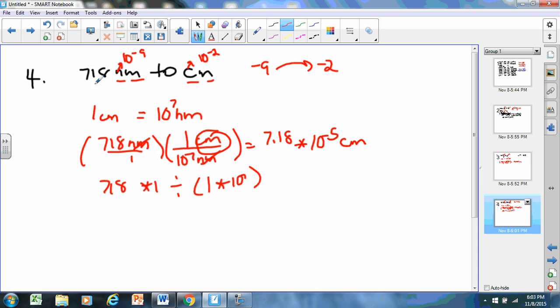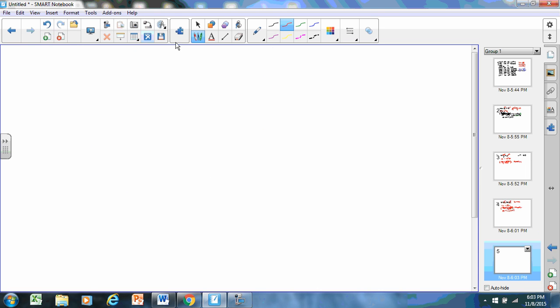And then the last level 1 problem is 65.22 megagrams to micrograms. And so I'm going to grab this, but if you look on the first slide, mega is 10 to the positive 6. Micro is 10 to the negative 6.